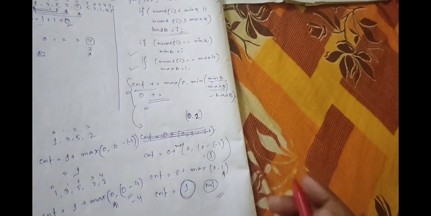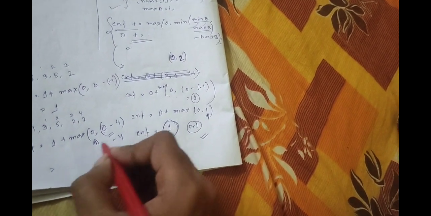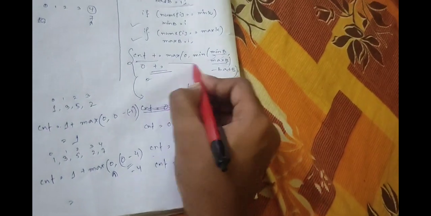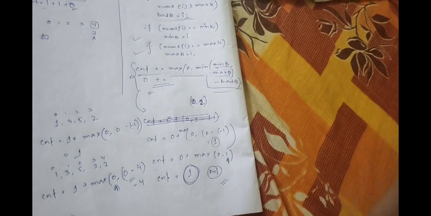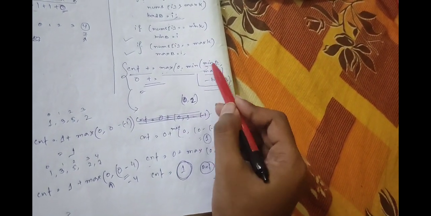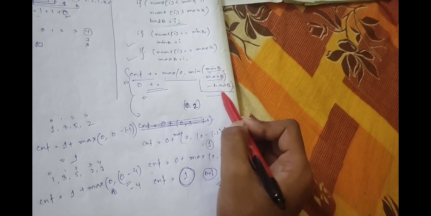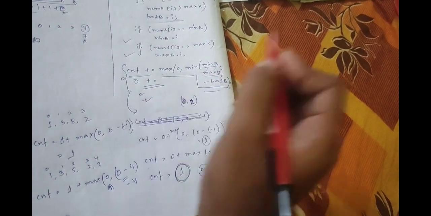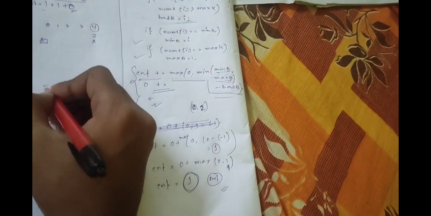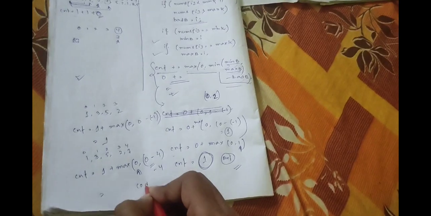And we just count it by this easy mathematical approach: max of 0 comma min of min b and max b, minus the bad b. So we easily check with the min b, and then we minus the bad b, then we easily get the count. So that's how we do it. Now we code it.